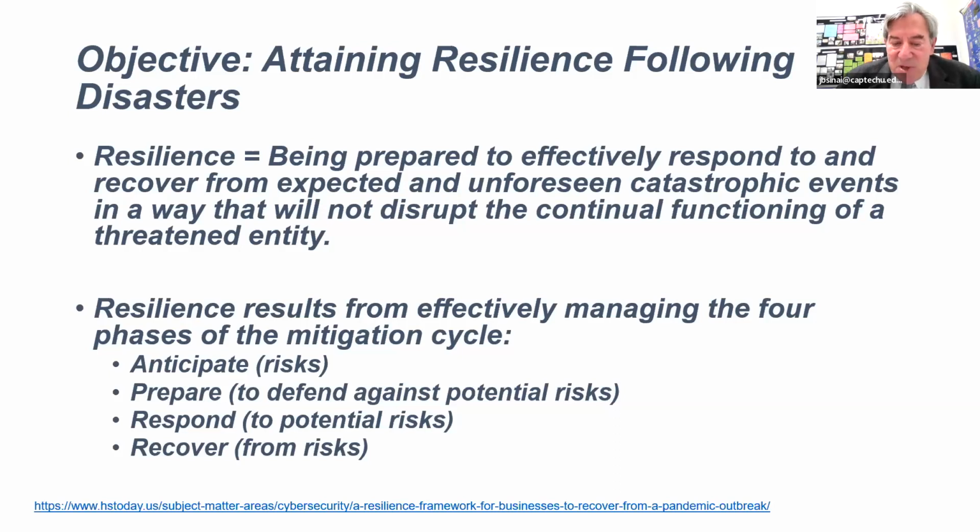And resilience results from effectively managing the 4 phases of the mitigation cycle, which are to anticipate potential risks, prepare to defend against them by, for example, coming up with emergency response plans, responding to potential risks, and recovering from risks.